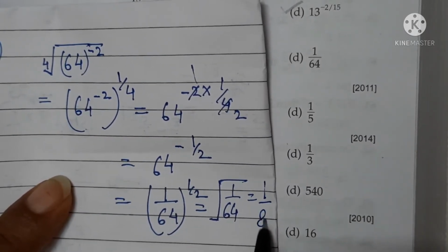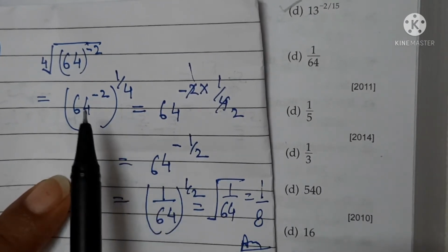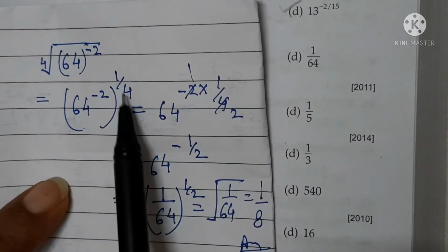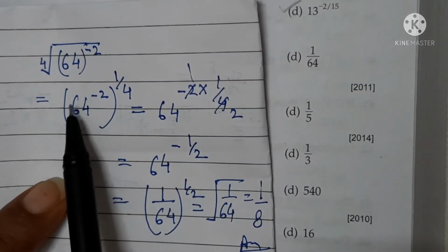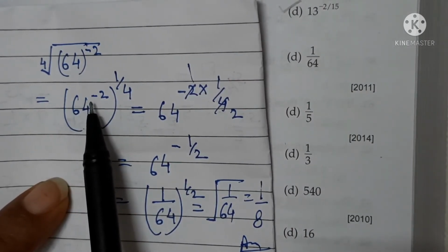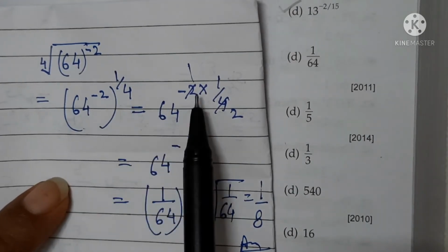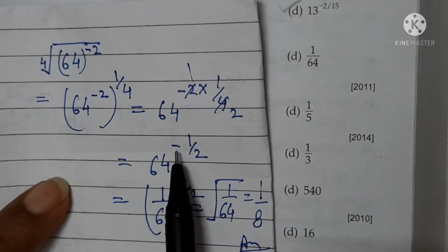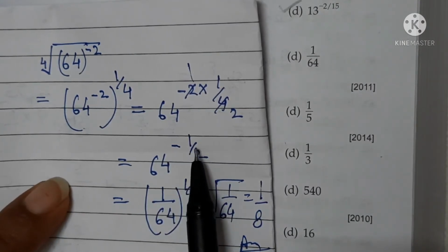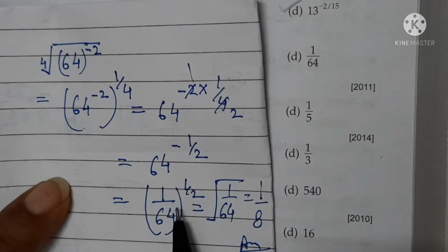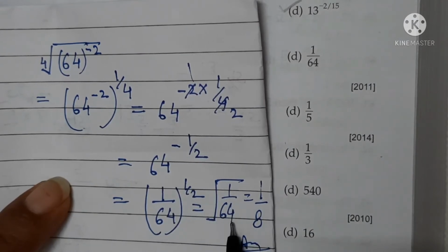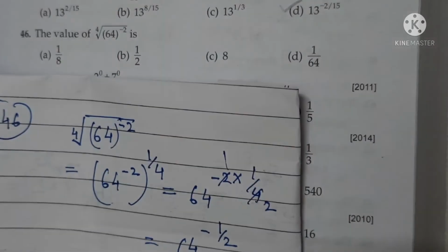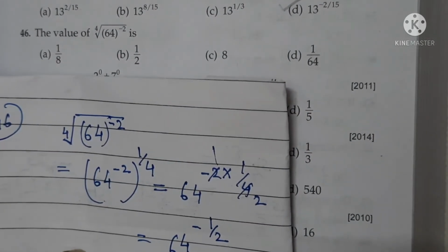Answer. See again, you can write it 64 to the power of minus 2 into 1 upon 4 and solve it. You will get 64 to the power of minus 1 upon 2 and make the power positive. Take under root, you will get 1 upon 8. See the option, which option is correct? Option A is correct.